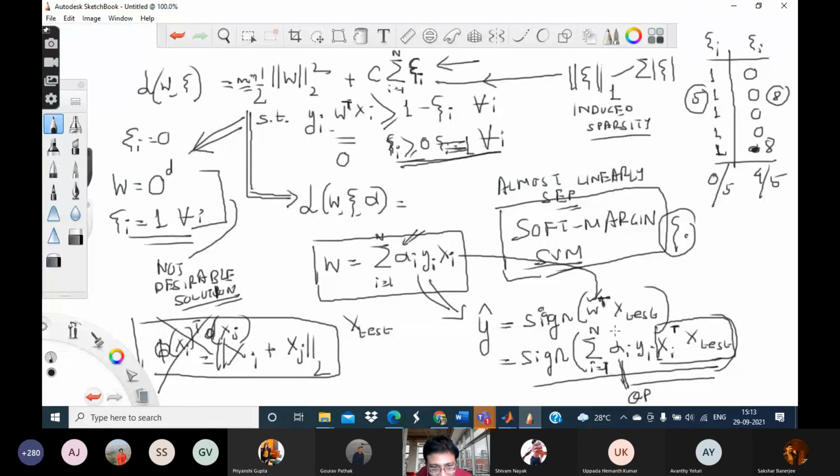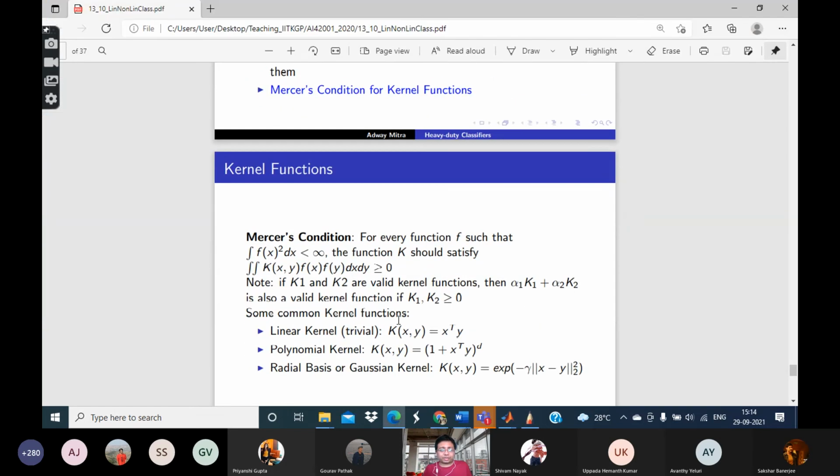That is to say, whenever you have xi and xj, and I calculate k of xi, xj, what I get is phi of xi times phi of xj. Now, where does phi come from? It does not come. I never get to know what phi is. I only know that there is such a phi for which this happens. So this is the kernel function.